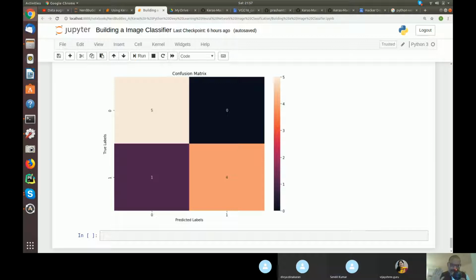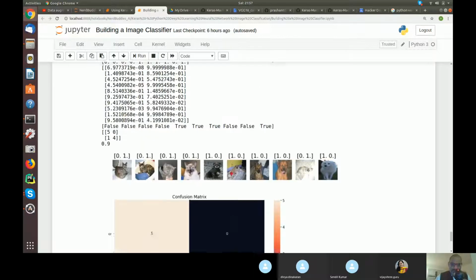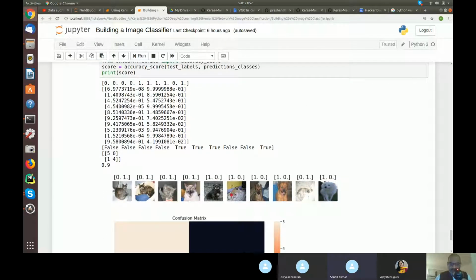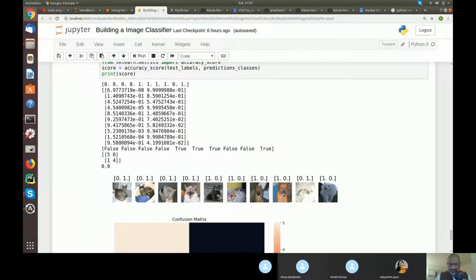VGG's final layer was to predict 1,000 different categories. We replaced that to predict cats and dogs, and that created about 8,000 new parameters. We trained them, and then we applied them to our dogs and cats, and we saw that we got much better results than our original model. So that's the overall learning for today.